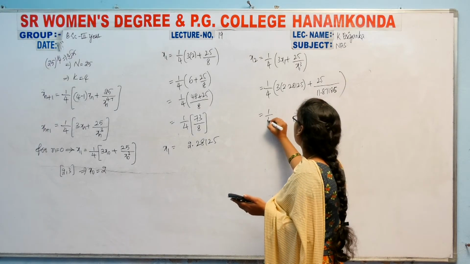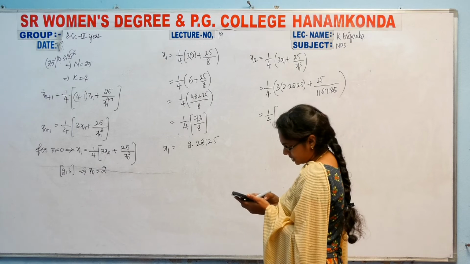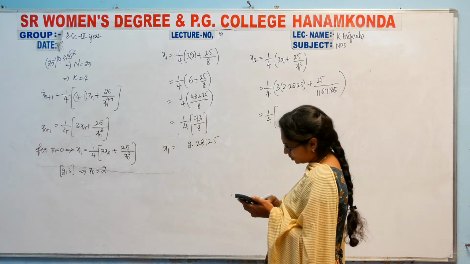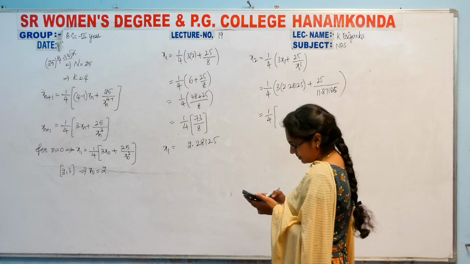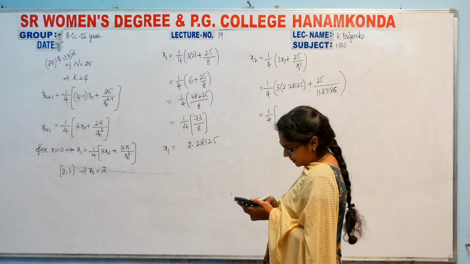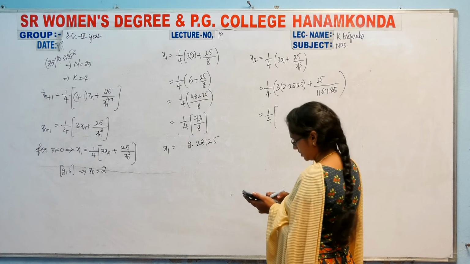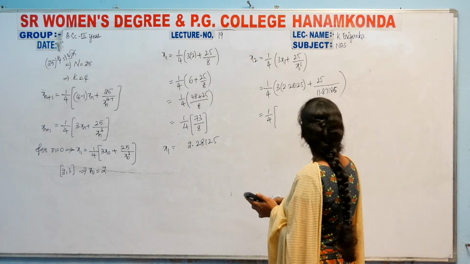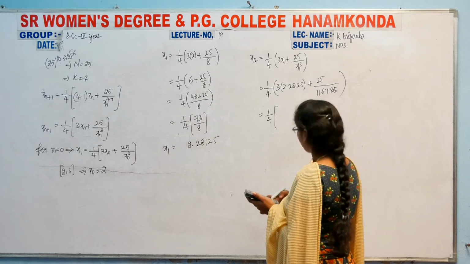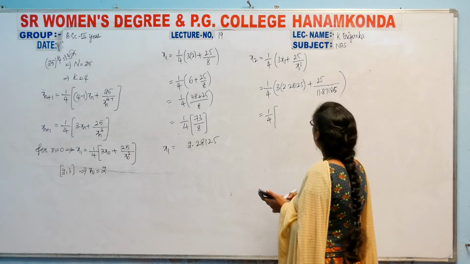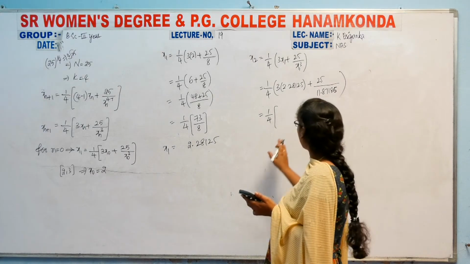Now directly I am taking 3 into 2.28125 plus open bracket 25 divided by 11.87186, close the bracket, and divided by 4.